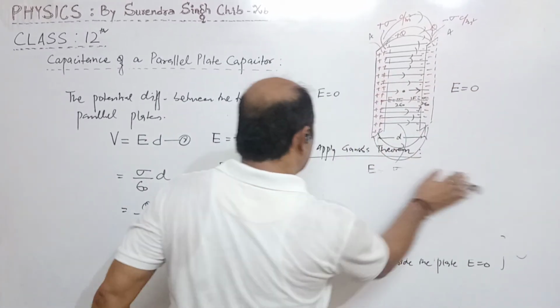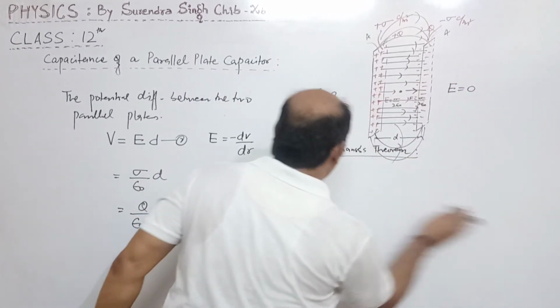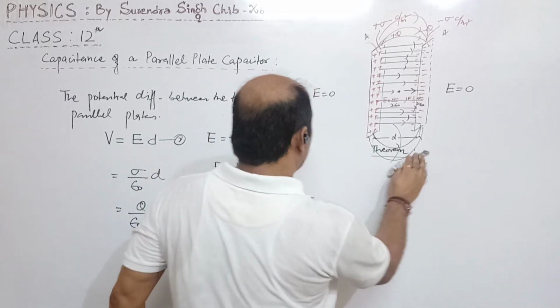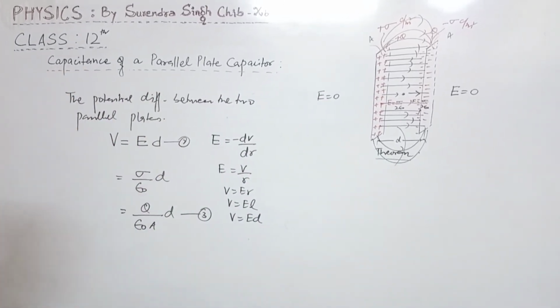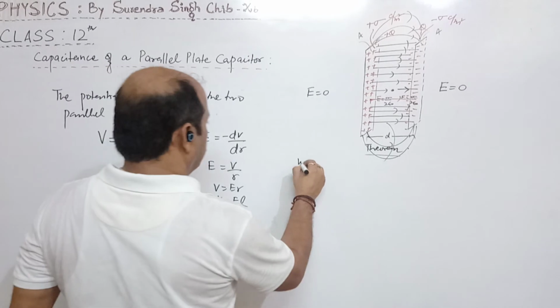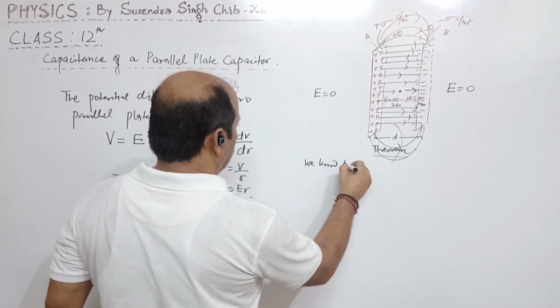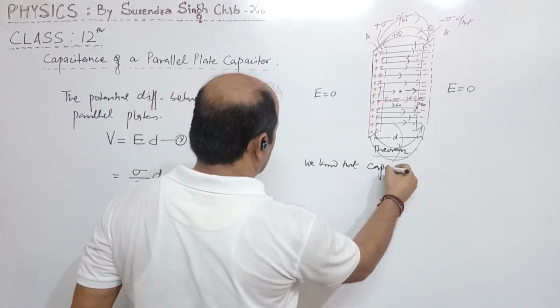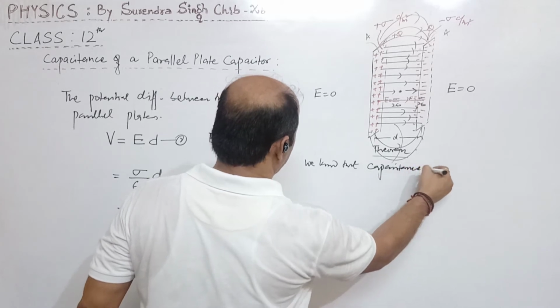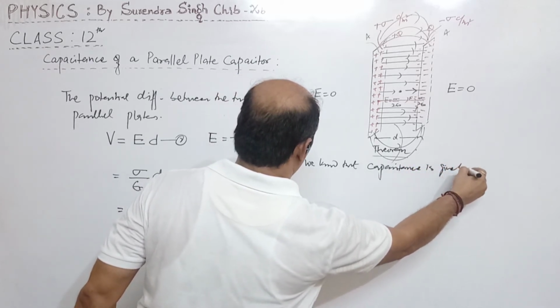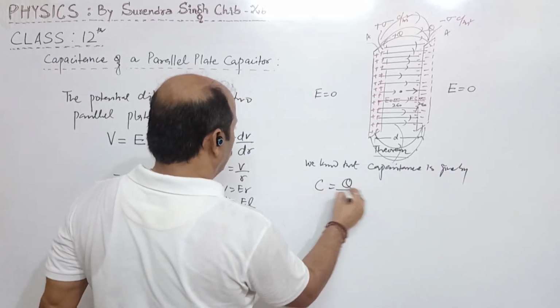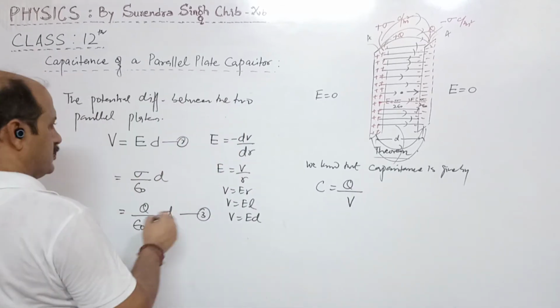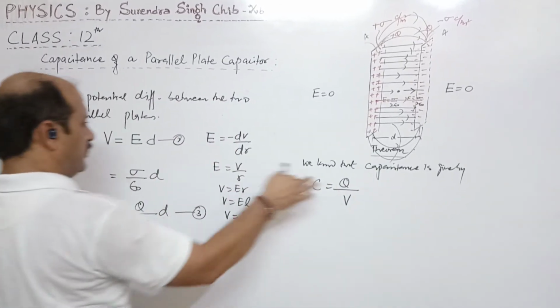So what is the capacitance now? We know that capacitance is given by C equals Q upon V. So put this value of V here.